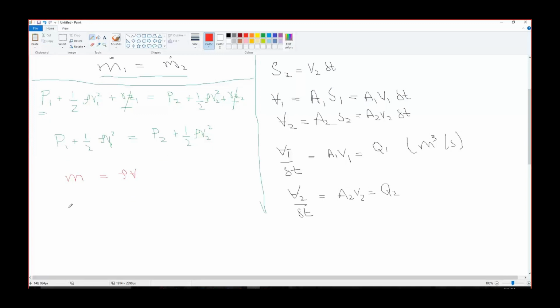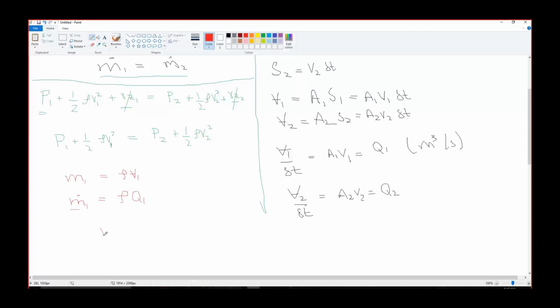If I want to write mass flow rate, that would be M dot, which is basically M divided by T. So that would be equal to rho Q. Clear? So M dot 1 equals rho into Q1.